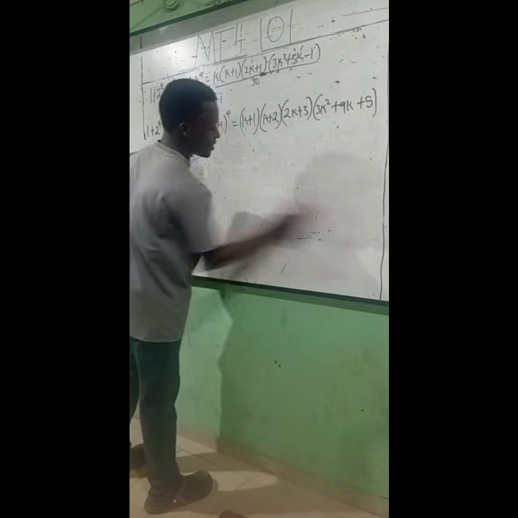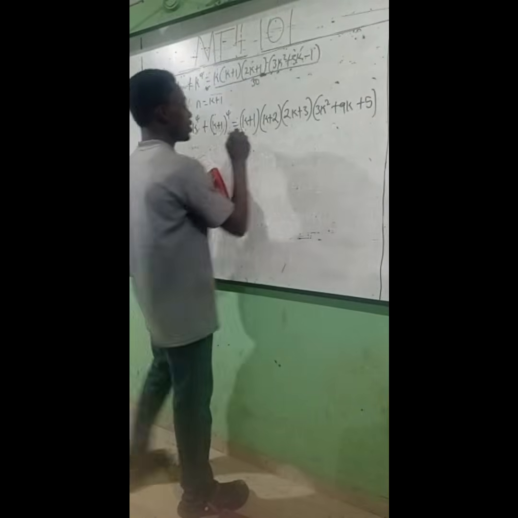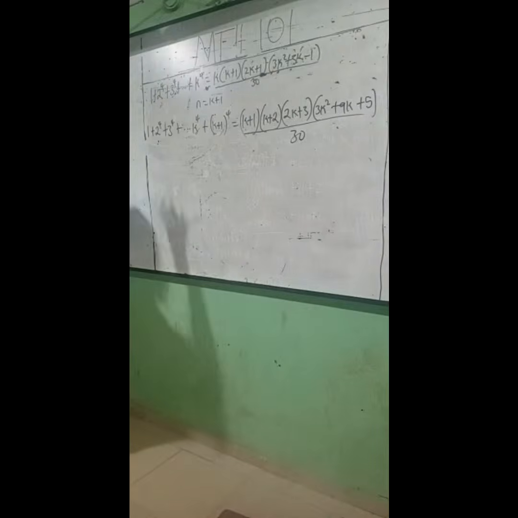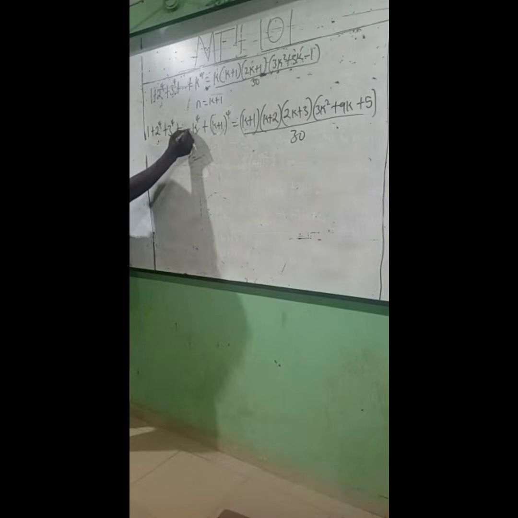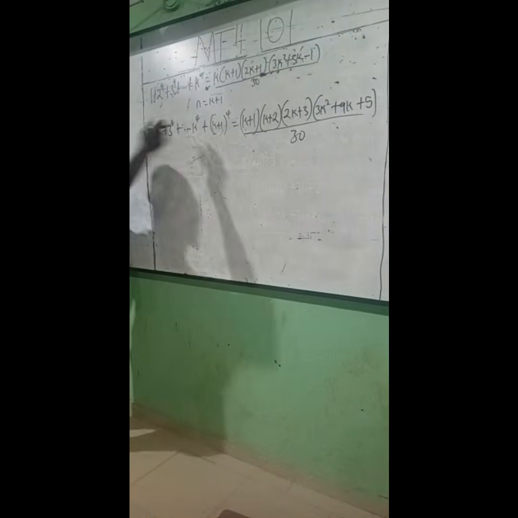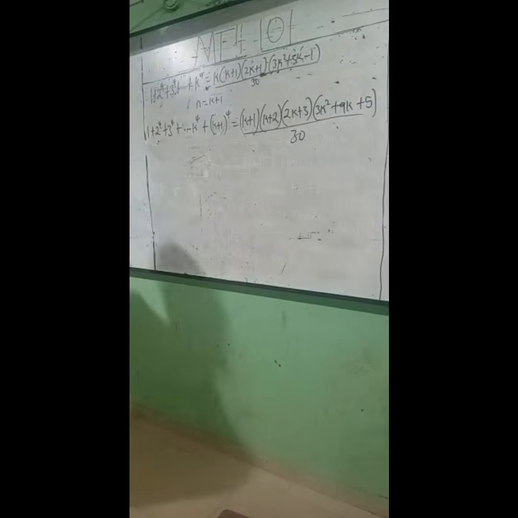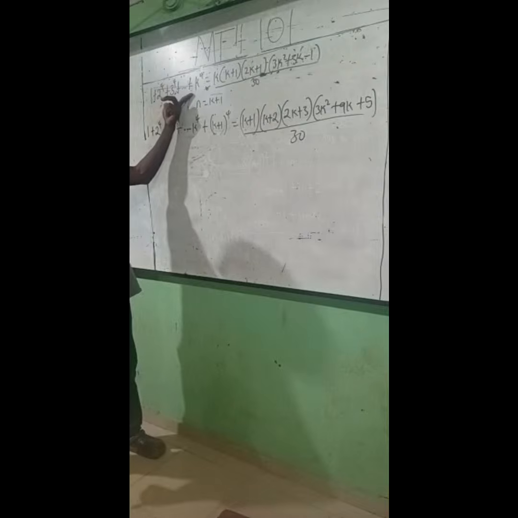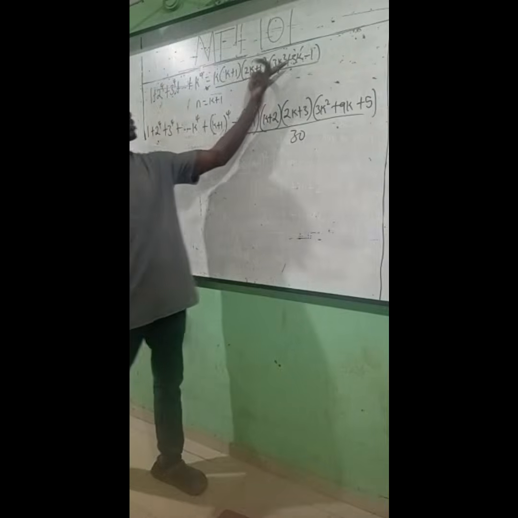Over 30, isn't it? Divided by 30. But we can't solve this by writing all the terms out, because there are many terms, natural numbers. Even if you count from 1 to 1000, that is still not enough. But because we have an identity for this, you know this is equal to this, isn't it? And this is equal to this.